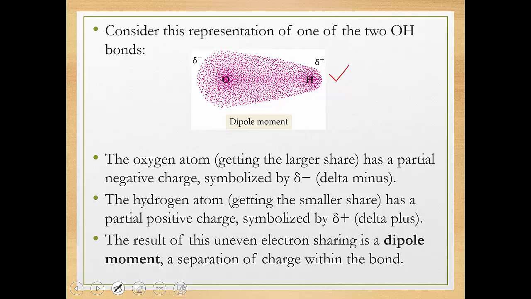I'm going to have more electrons around the oxygen down here. So I'm going to see kind of a bigger circle down here. The hydrogen, you notice, they hang around the hydrogen, but then it kind of gets stretched and pulled out toward the oxygen. And when this happens, you can see there's a higher density of electrons around the oxygen.